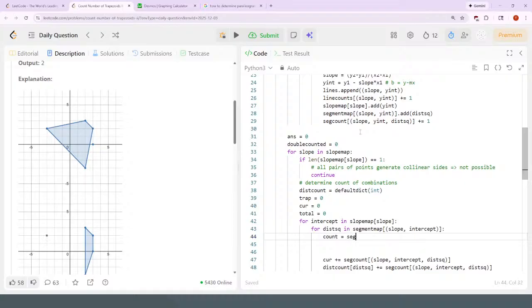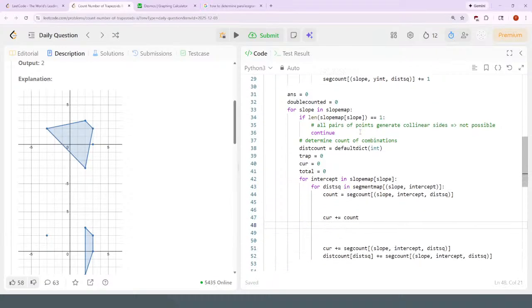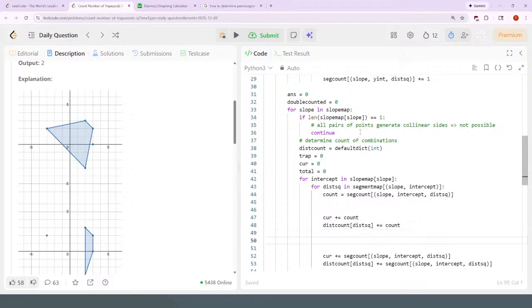So count is going to be segment count, the slope, intercept, and distance. And then eventually current increments by the count, and the distance count for this distance squared is incremented by the count. And after this, it should be something like total plus equals the current.